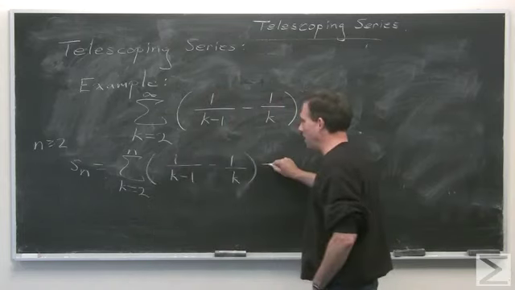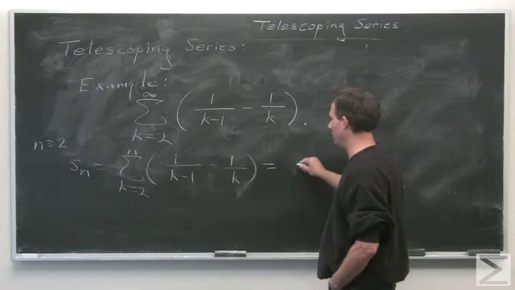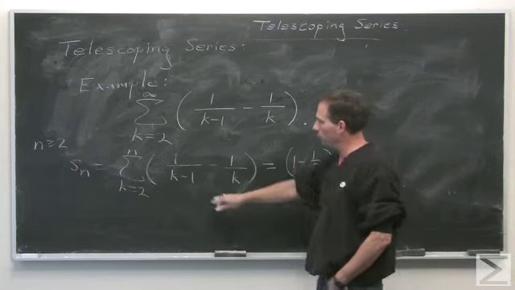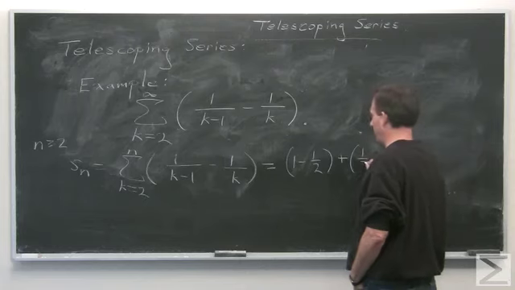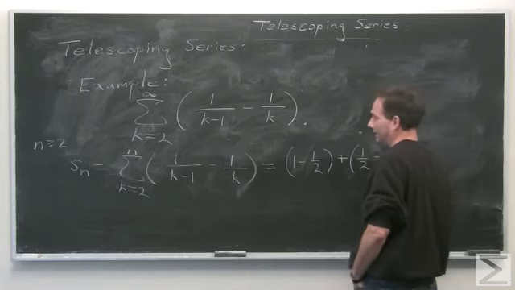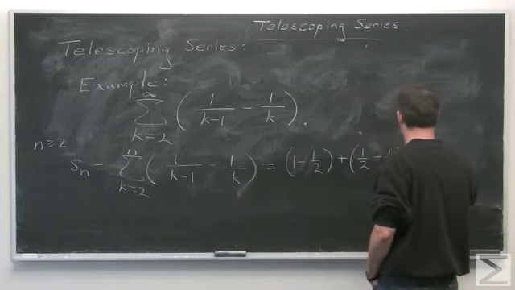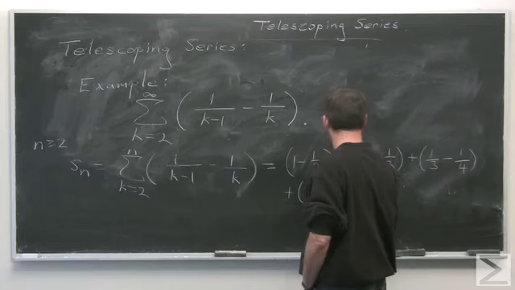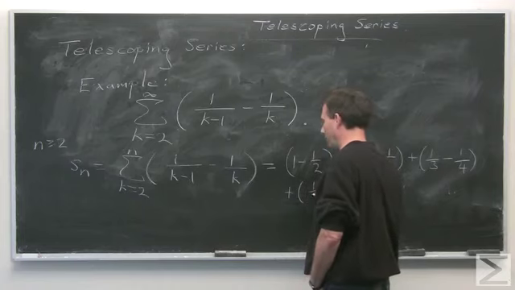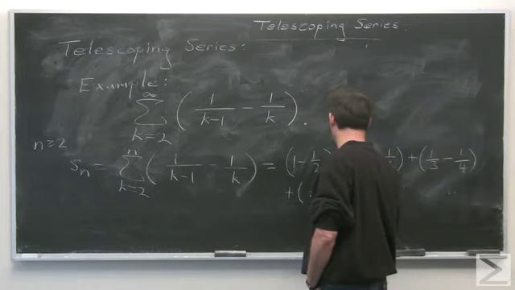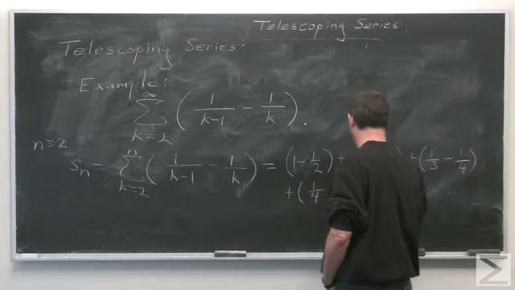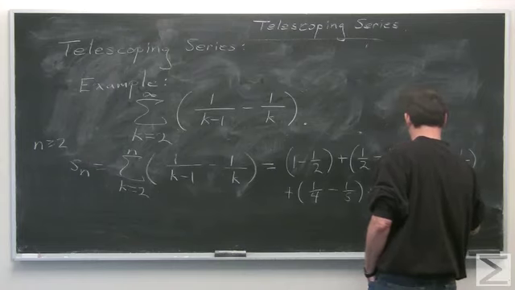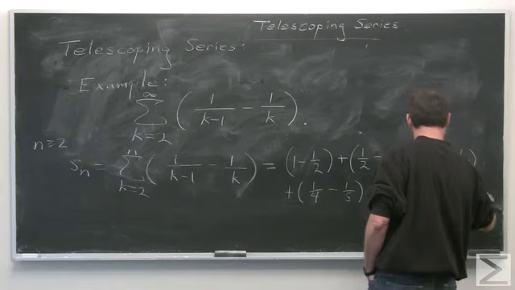So what happens? You put in k equals 2, and you get 1 over 1. So you get 1 minus a half. Great. And you add to that what you get when k is 3. That's a half minus a third. And you add to that what you get when k is 4. And that's a third minus a fourth. And then you add to that, I'm going to stop in a second, what you get when k is 5, which is a fourth minus a fifth, and so on, out to the last term, which is 1 over n minus 1 minus 1 over n.